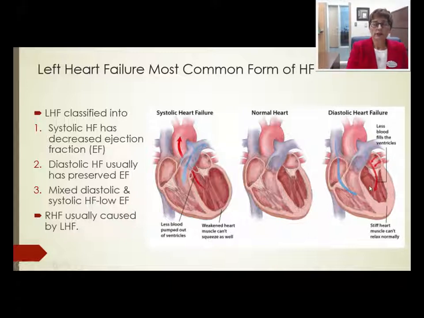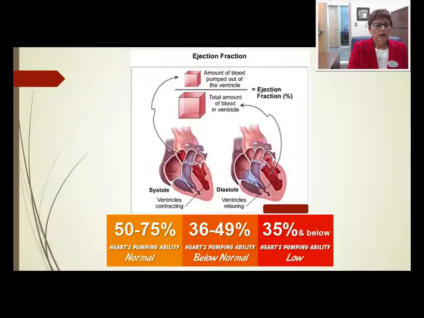It's just there's less blood filling the ventricle. There also can be mixed diastolic and systolic heart failure, and that's where the ejection fraction is usually low. Right heart failure is usually caused by left heart failure, so usually people have symptoms of both.